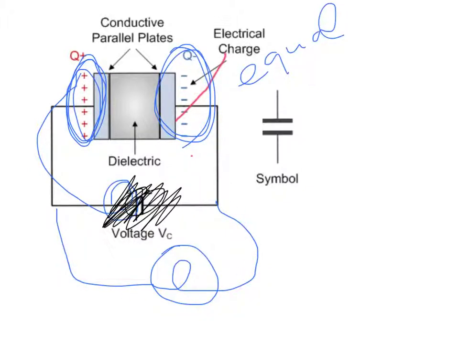So we generally use capacitors for two things. We use them to store electric charge, so we can use it as a backup power supply, or we use it for a big discharge all at one time. Flash cameras and tasers are probably the two most common places we see that.